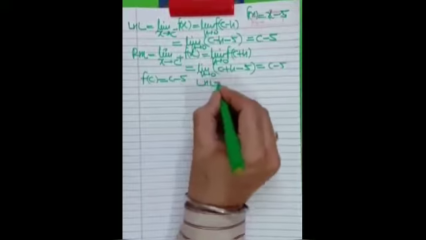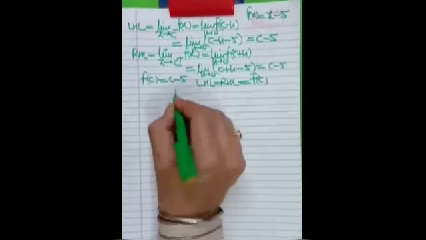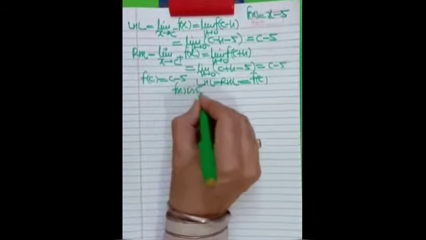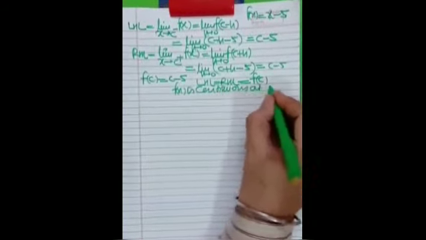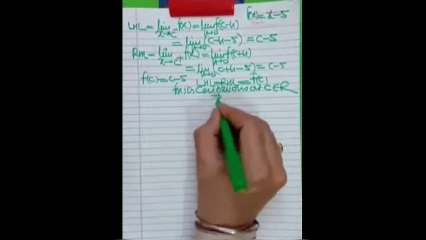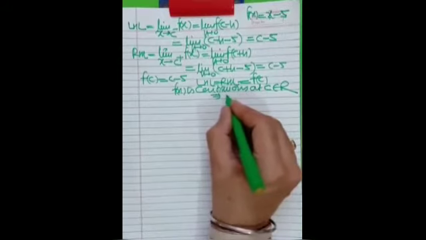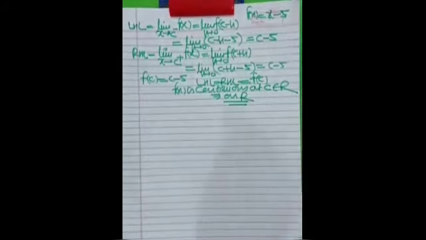You can see that LHL is equal to RHL is equal to f(c). f(x) is continuous at c belongs to R, implies continuous on R, right?